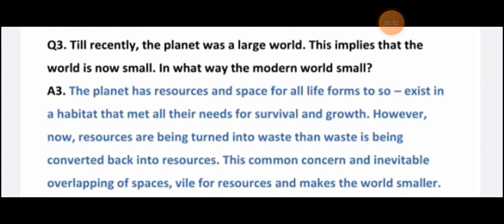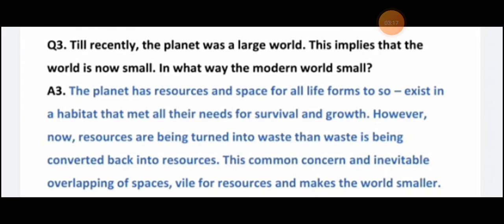And next question, the third one. Till recently, the planet was a large world. This implies that the world is now small. In what way is the modern world small? The planet has resources and space for all life.